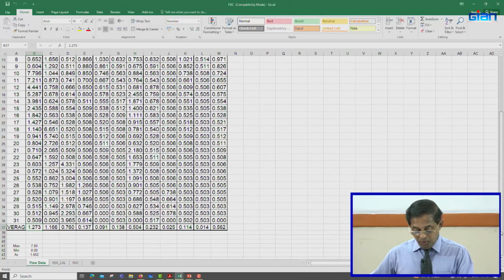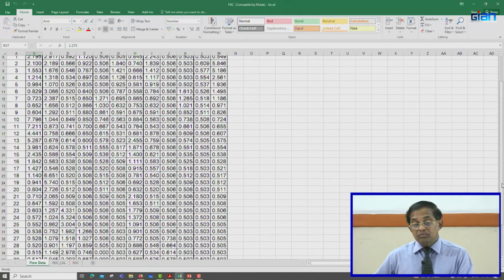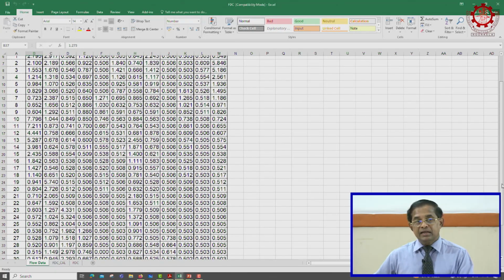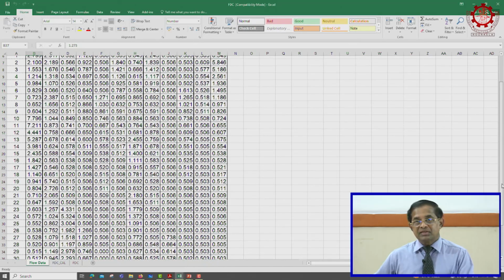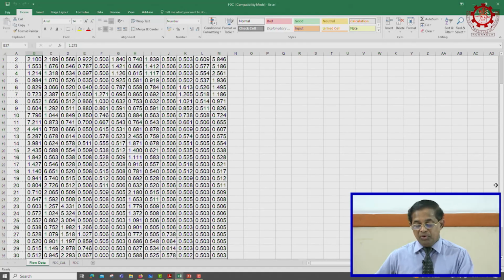Okay. Now we have to handle this data set. Some statistical knowledge is required now, because they are all different numbers. So, we will put them into some ranges.